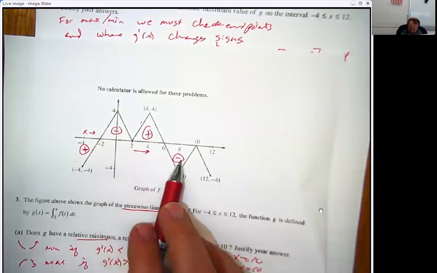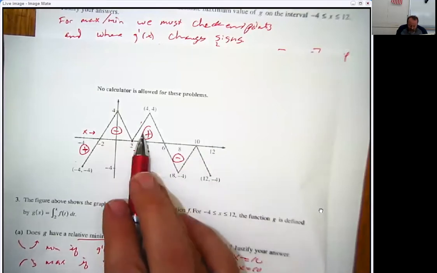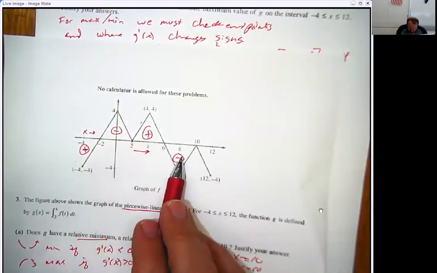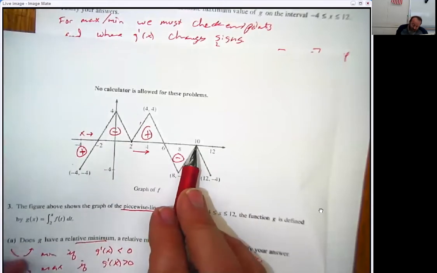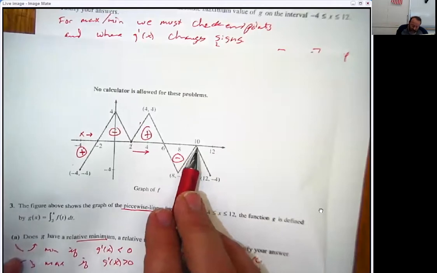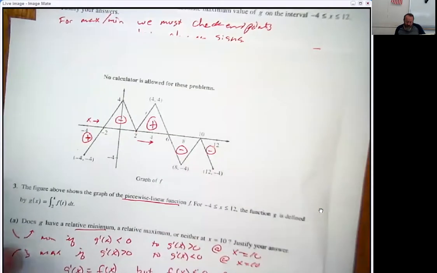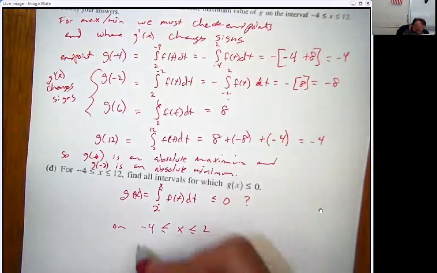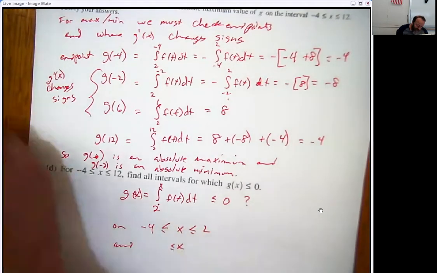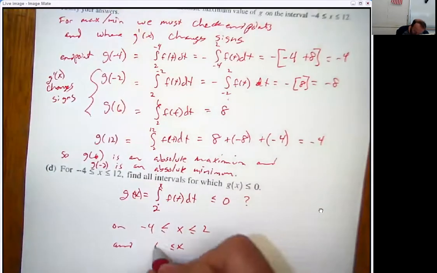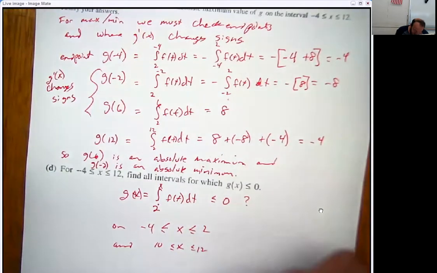This is taking it away until at the number 10, this area and this area balance each other out. So it hits 0 at 10. We kind of figured that out a moment ago. And then as I proceed from 10 to 12, I get more and more of this negative happening. So x being from the number 10 to 12. And that ends that particular part of this question.